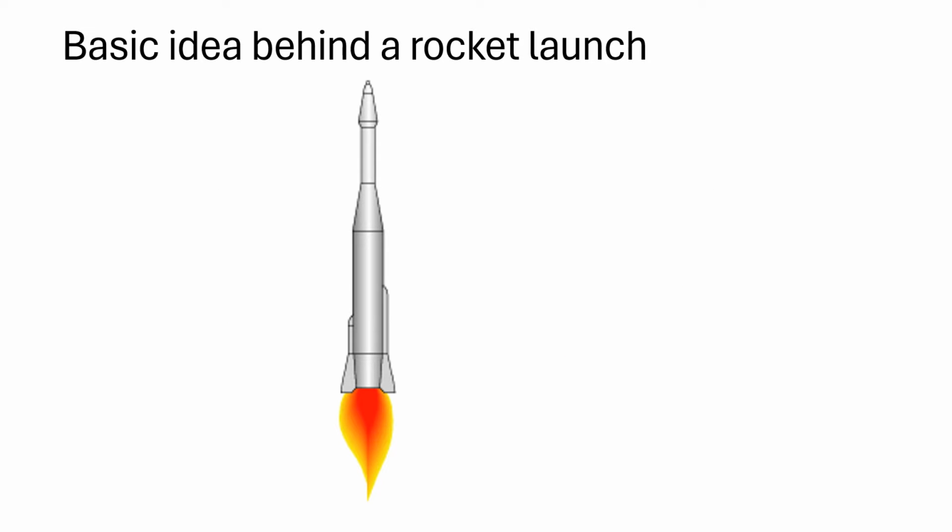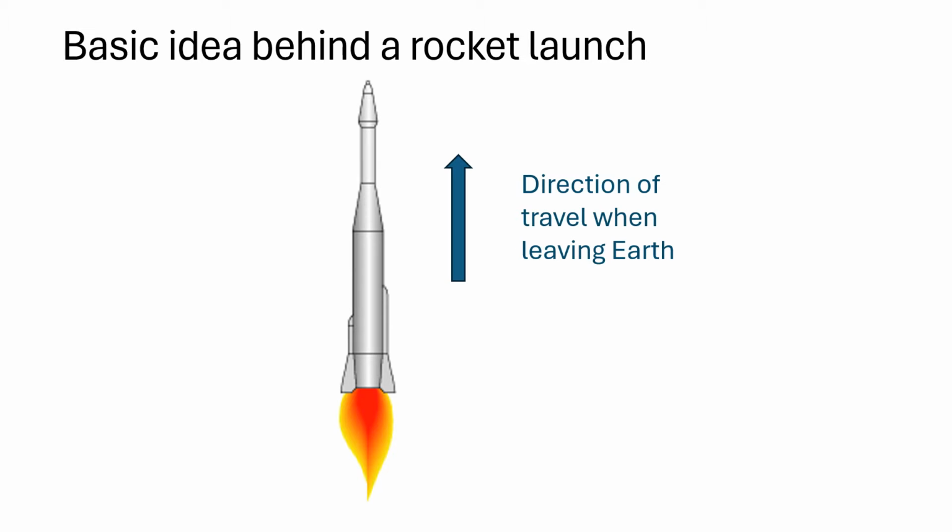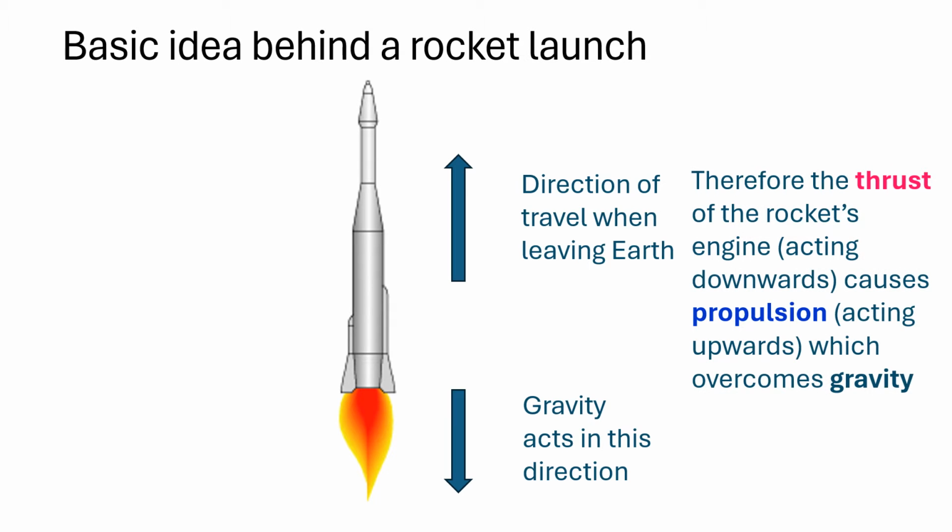So looking at the basic physics behind a rocket launch, obviously you want it to travel upwards, away from the ground. But at the same time, gravity acts in a downwards direction, which tends to keep the rocket where it is. So you have to come up with something to overcome that gravity. So the rocket's engine provides something called thrust, and that acts downwards, and it causes propulsion as an equal and opposite reaction, when the propulsion acts upwards.